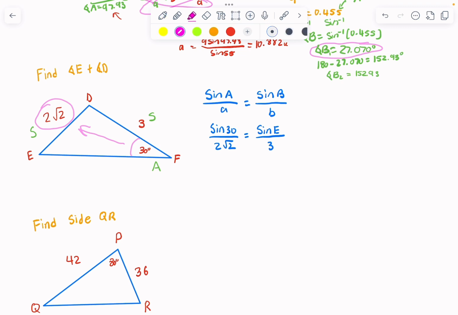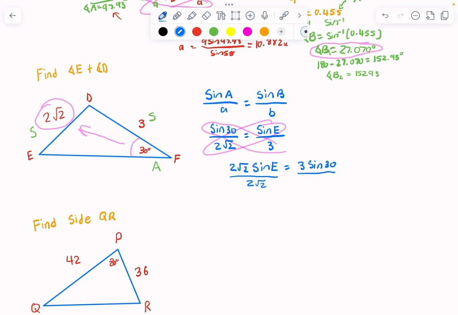And now we're going to cross multiply, and you're going to get 2 root 2 sine E equals 3 sine 30. And we're going to isolate sine E, so divide by 2 root 2.